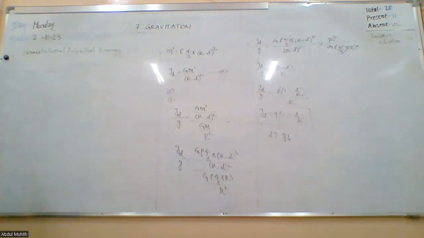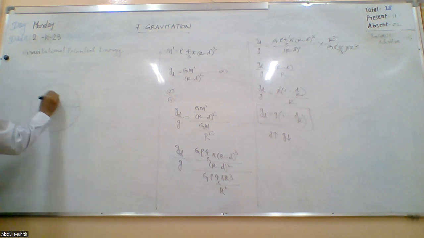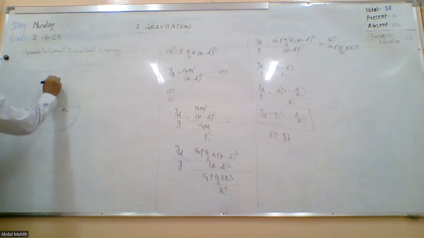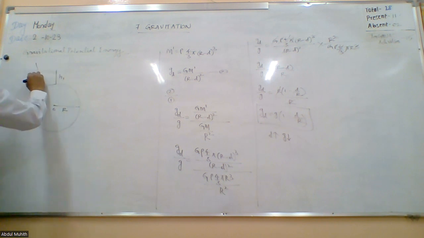So it says that now suppose this is the Earth whose radius is R. Now I want to go from a height h1 from the ground to a height h2 from the ground. The difference is h2 minus h1.